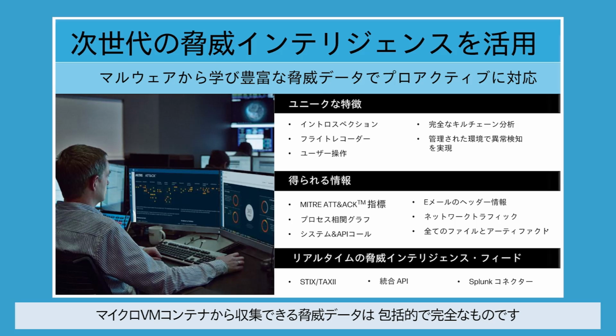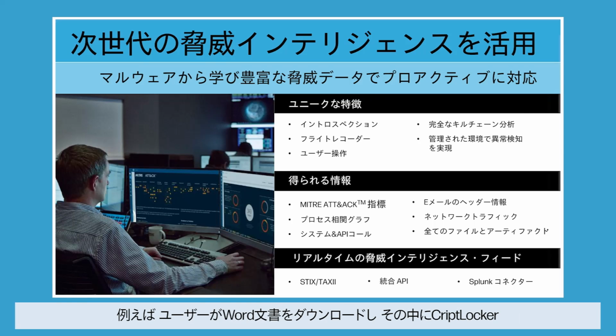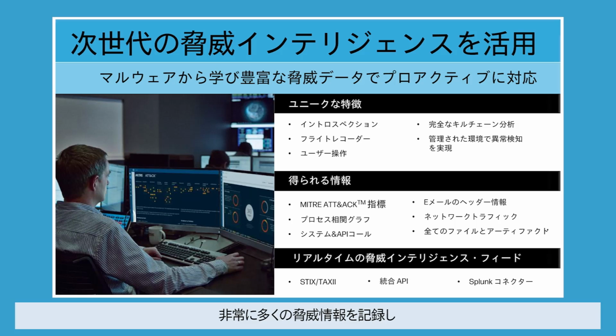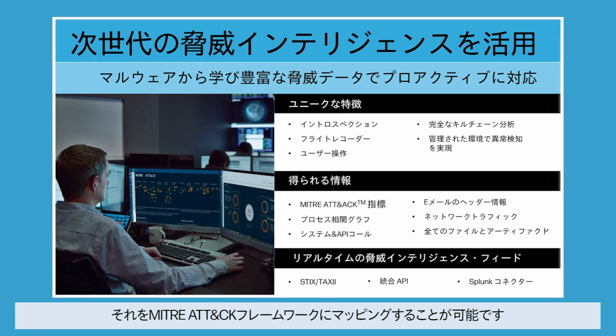The threat data that we can collect from these micro VM containers is comprehensive and complete. So for instance, when a user downloads that Word document and it happens to have a crypto locker or some other sort of remote access toolkit or piece of malicious software inside of it, we're able to record an incredible amount of threat intelligence and map that back to the MITRE ATT&CK framework.